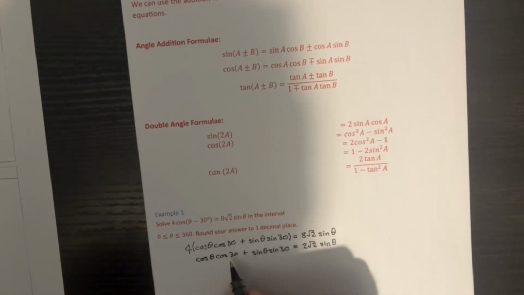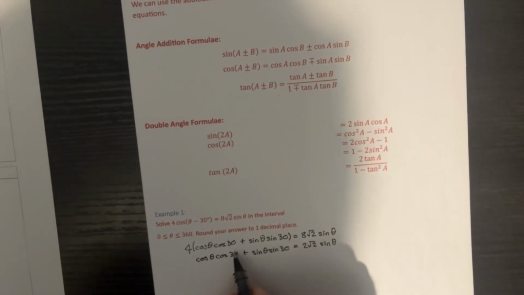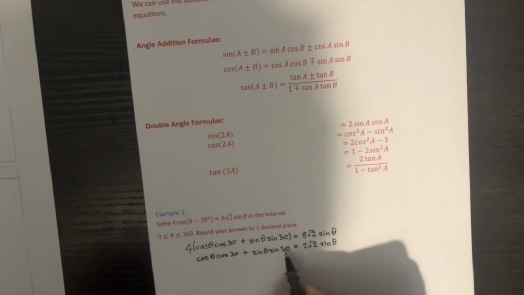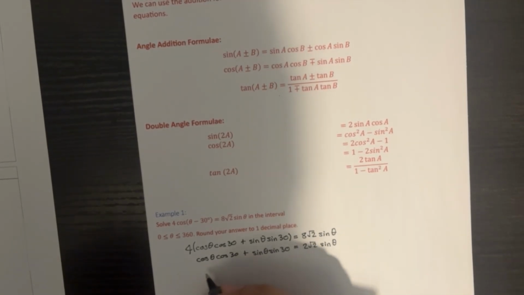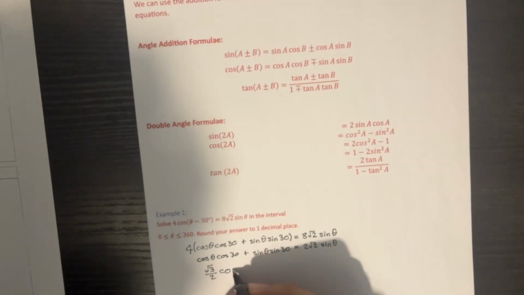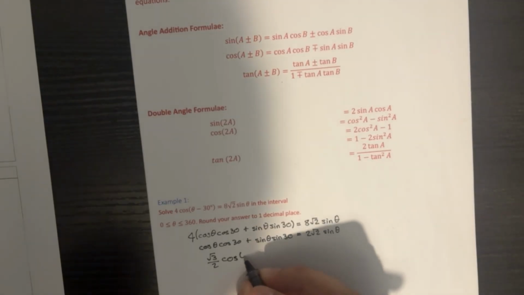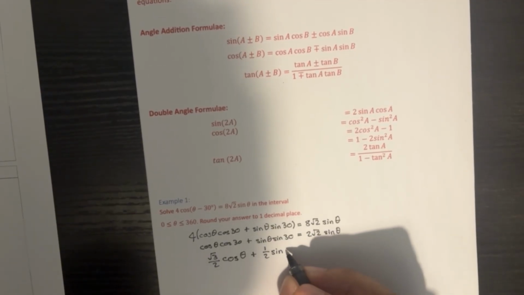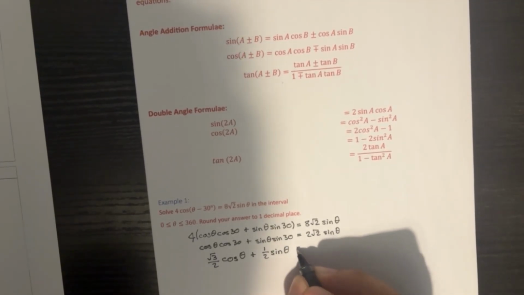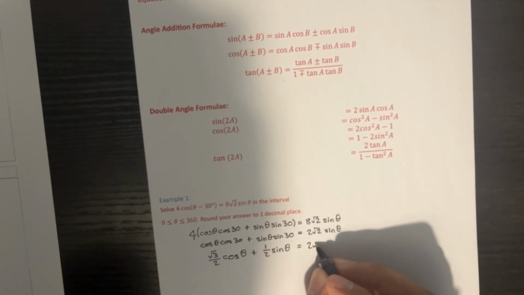Now a couple of other things we can spot. Cos 30 is root 3 over 2, and sine 30 is a half. So I can write this as root 3 over 2 lots of cos theta plus a half sine theta is equal to 2 root 2 sine theta.